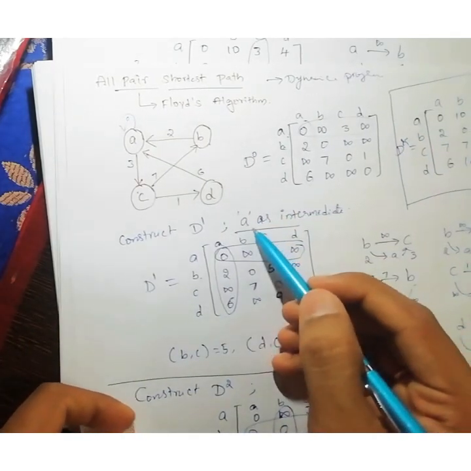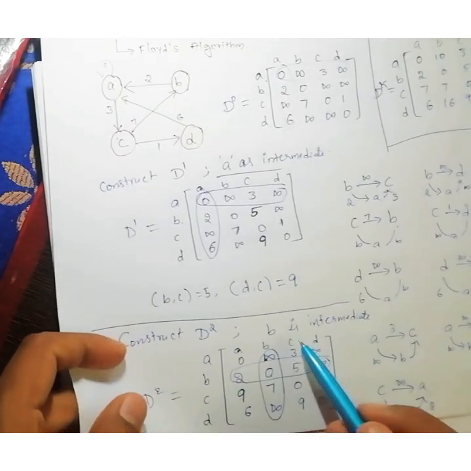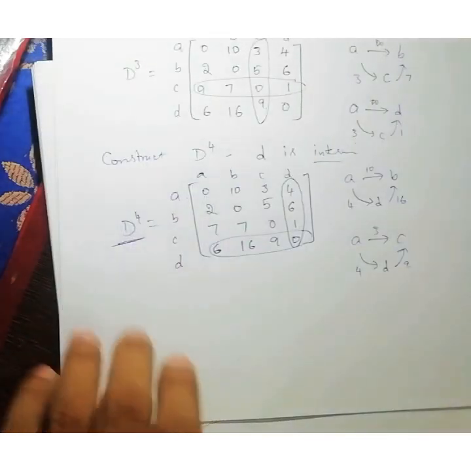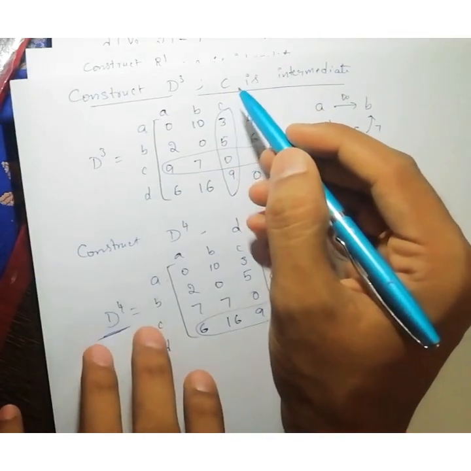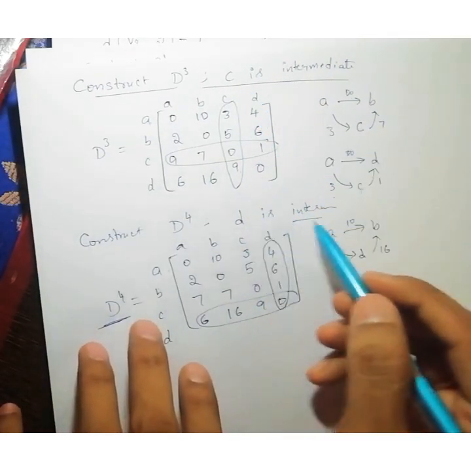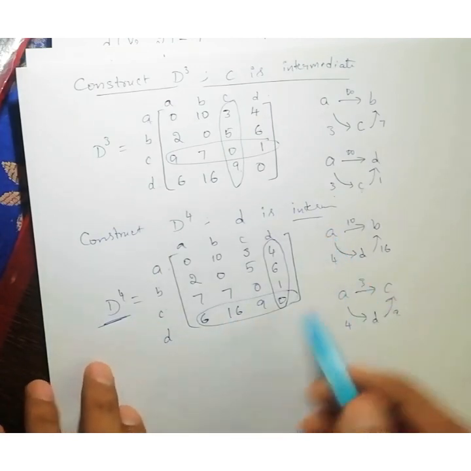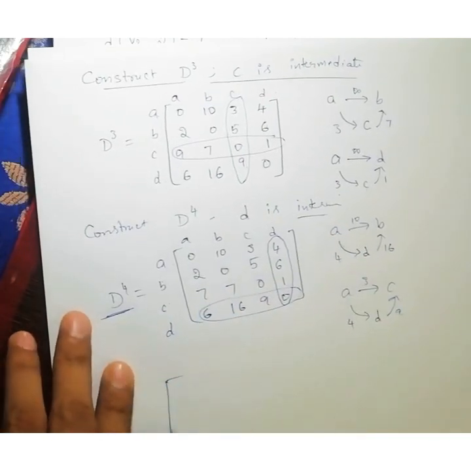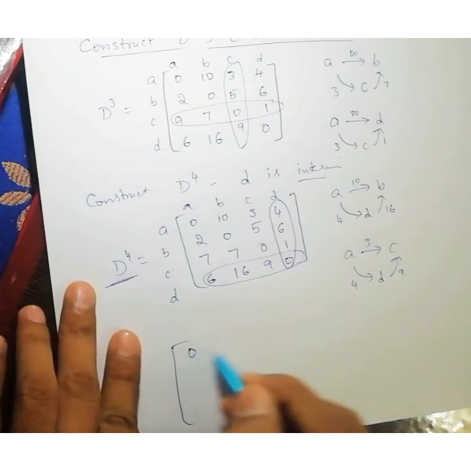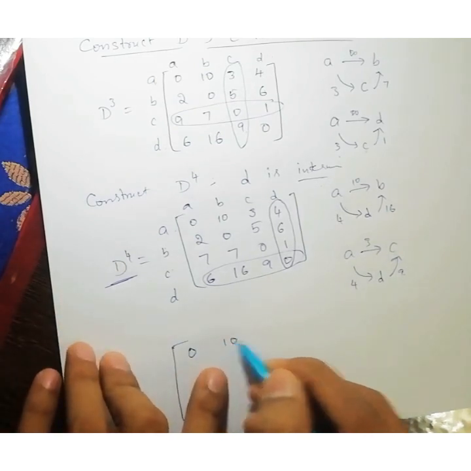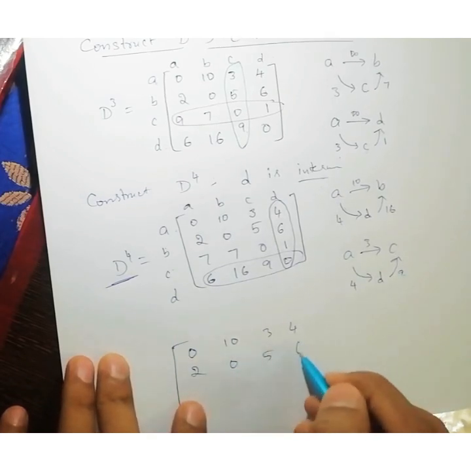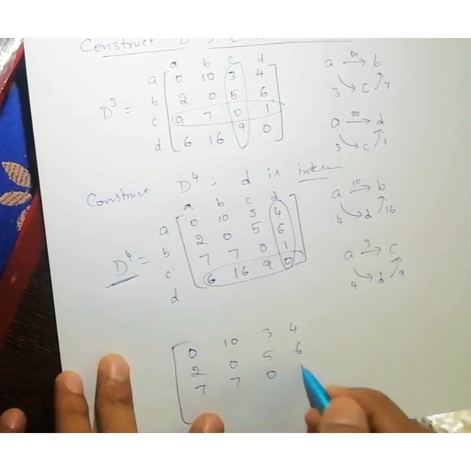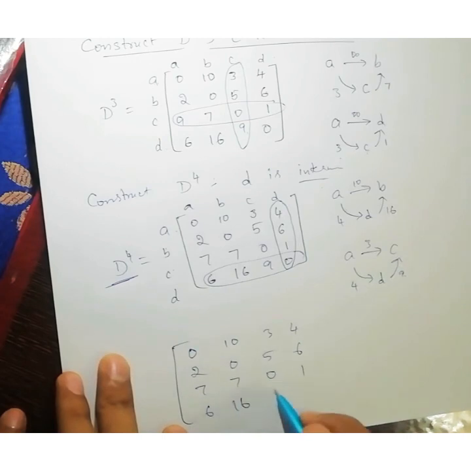Initially A is the intermediate vertex, next for the matrix B is the intermediate vertex, next I construct the matrix using C as the intermediate vertex, next D as the intermediate vertex, and finally we get this result, and that is your shortest path for all pairs of vertices: 0 2 5 6 7 7 0 1 6 16 9 0.